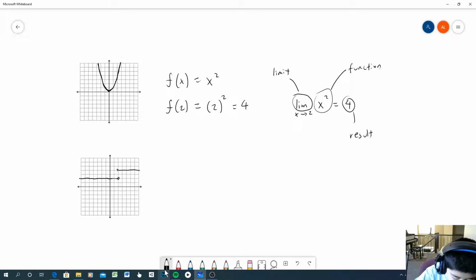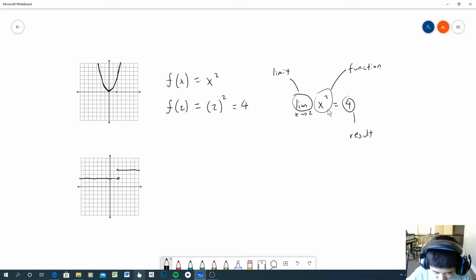When x is extremely close to 2, it's not exactly 2, but it's close enough that it's almost as if it is 2. But remember, it's not exactly 2. So x is approaching 2, and it's so close that although the result is equal, the value is still not 2.